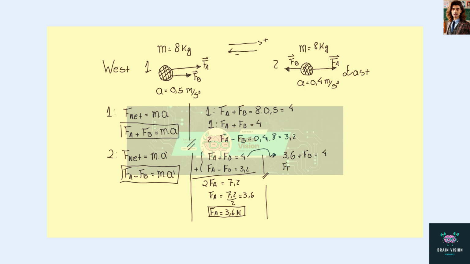Then, Fb is equal to 4 minus 3.6. Then, the force Fb is equal to 0.4 newtons. It's very easy to check this. 3.6 plus 0.4 is in fact equal to 4, and at the same time 3.6 minus 0.4 is equal to 3.2.